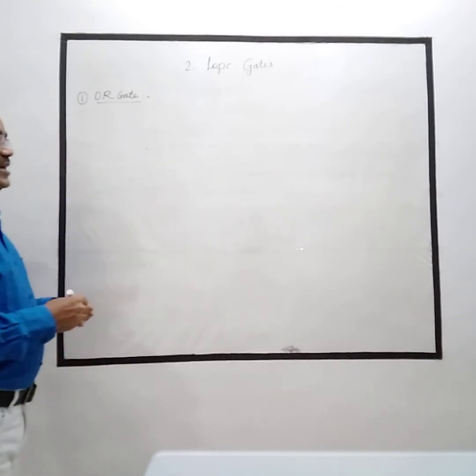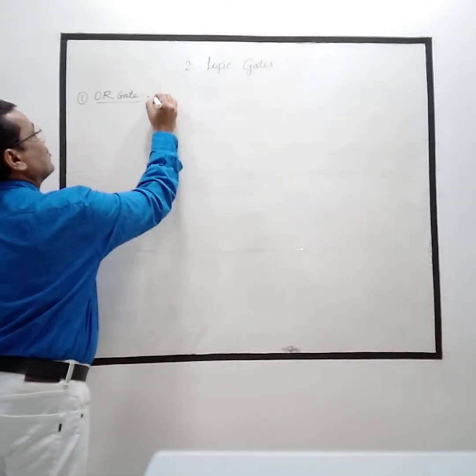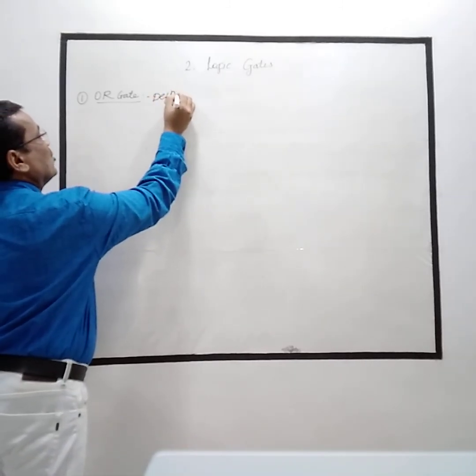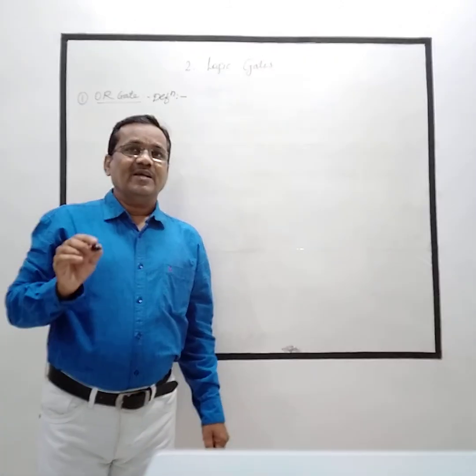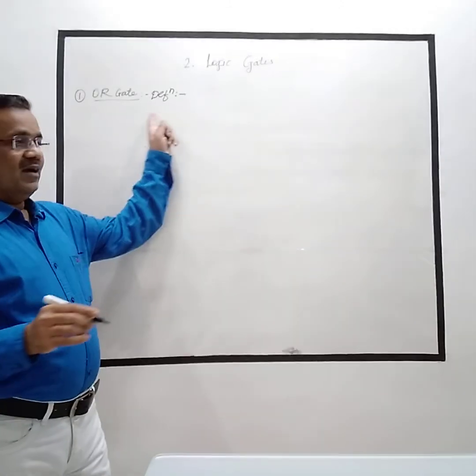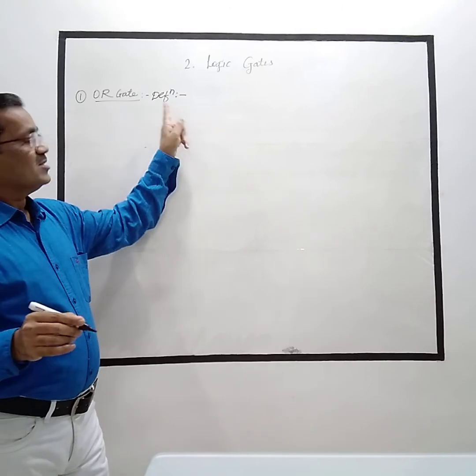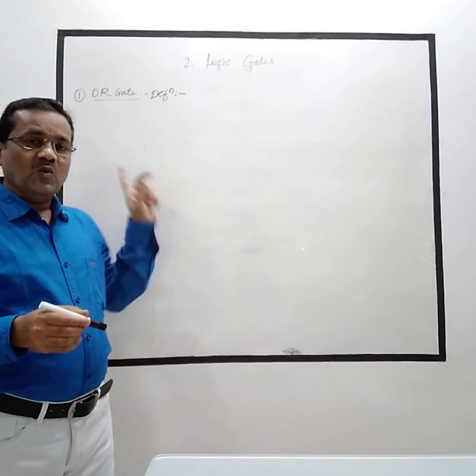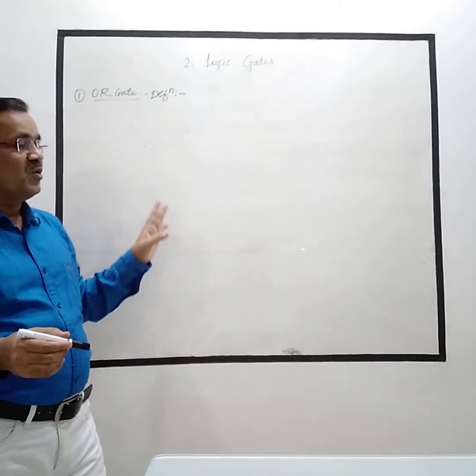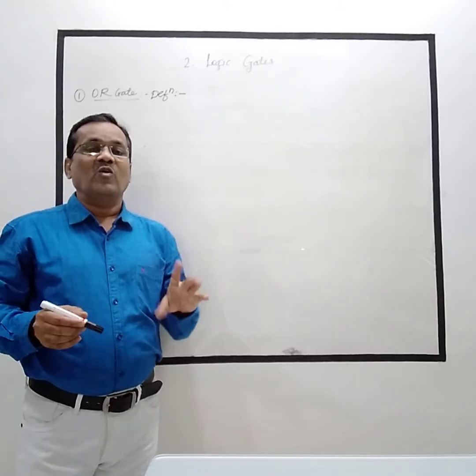So the definition of the OR gate will be like this. OR gate is an electronic circuit which has two inputs or more than two inputs and only one output.